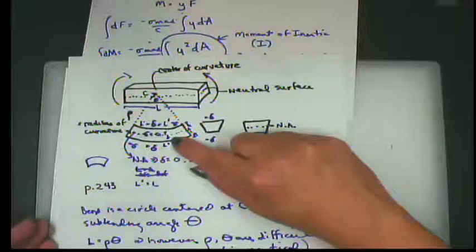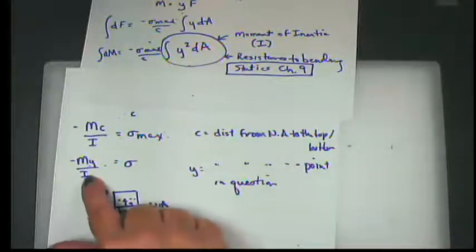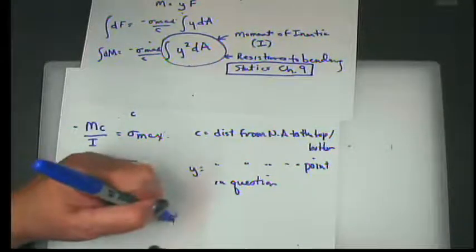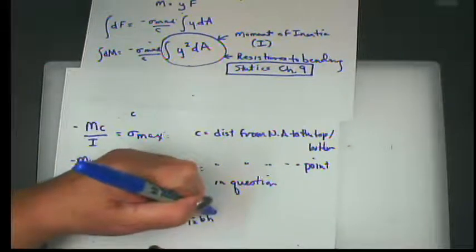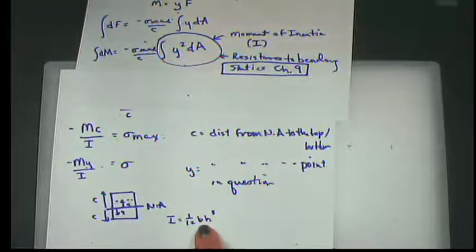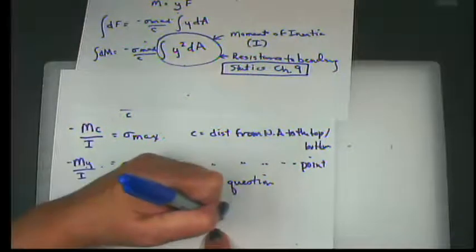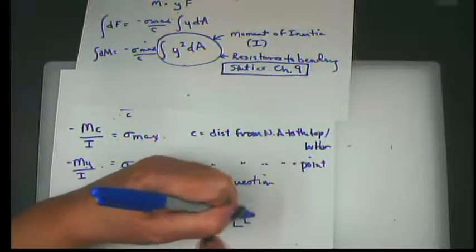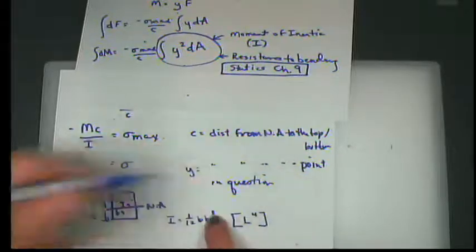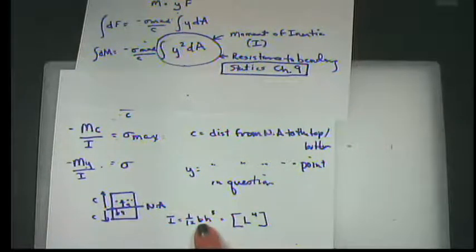Y is negative if you're going down. And if you look at I, if it is 1/12 times the base times the height to the third, in almost every case it has dimensions of length to the fourth, and height and base cannot be negative unless it's a cutout of something. But if you have a positive area, this will always be a positive quantity.